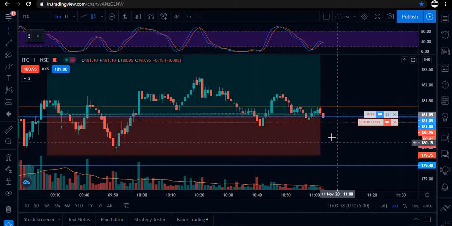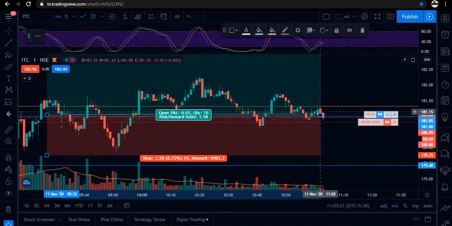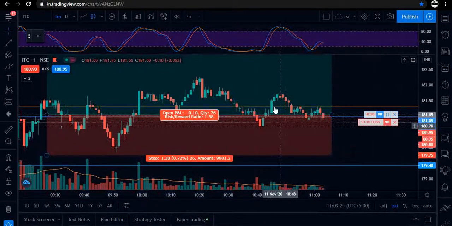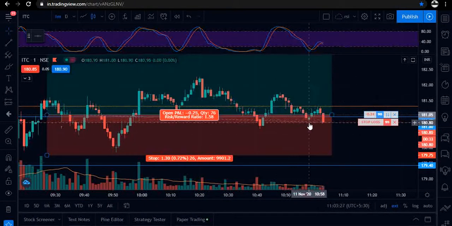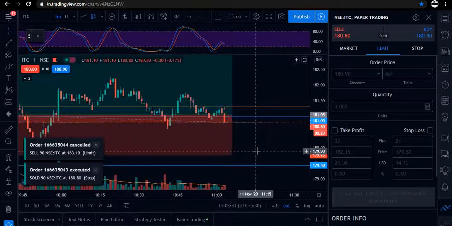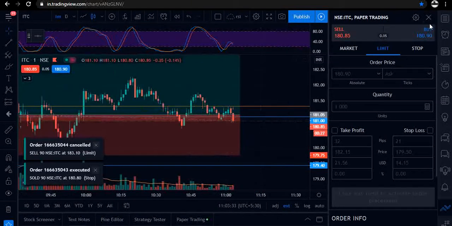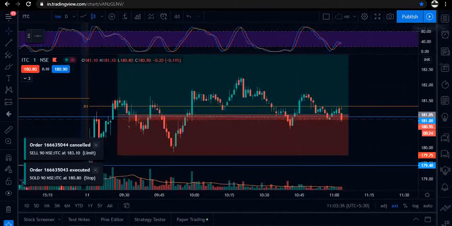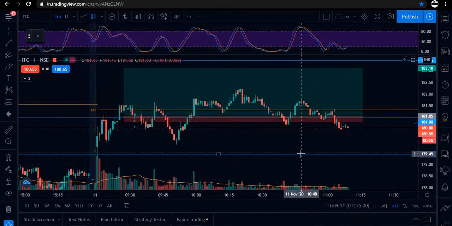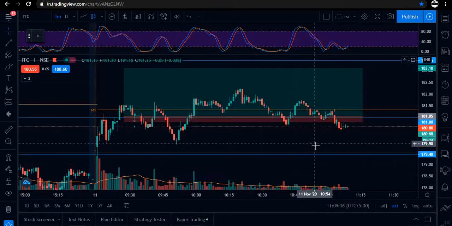We are ready to take the stop loss, no problem. As you can see here, traders, the price action it is now making. Okay traders, the stop loss has been triggered, so no problem. Our trade's stop loss got hit.